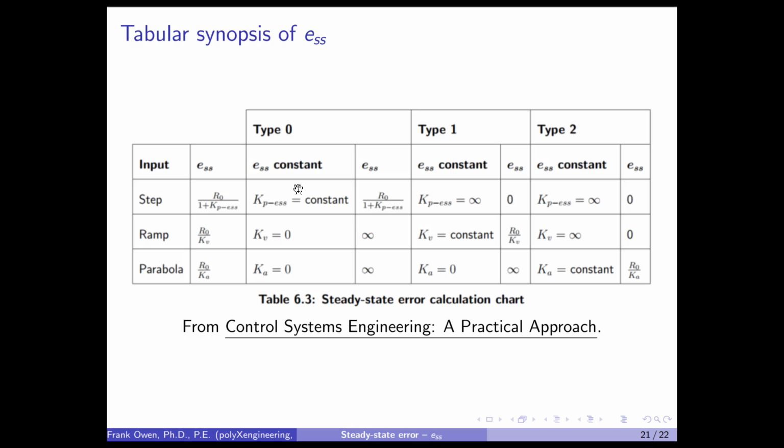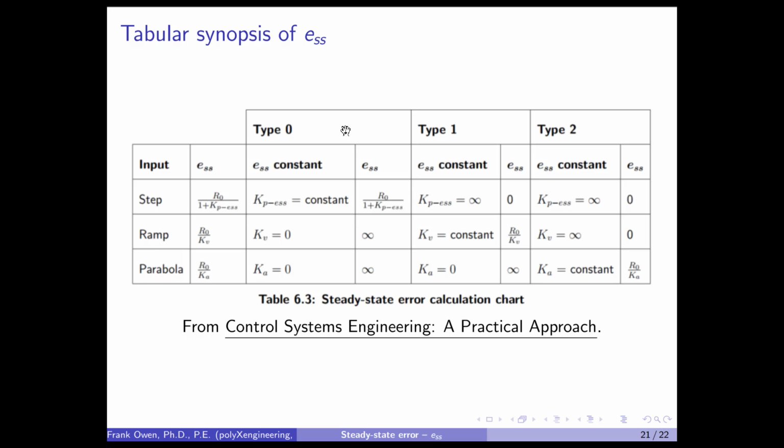Now, a shorthand way of remembering this is that the inputs in this column are increasingly complicated inputs. This is a really simple input, just on-off or off-on. Then this is a gradual increase, and then this is an increase that increases as you go along. So, increasing complication of inputs.